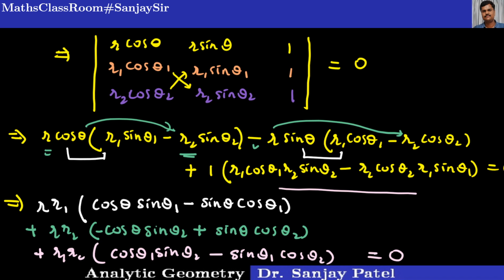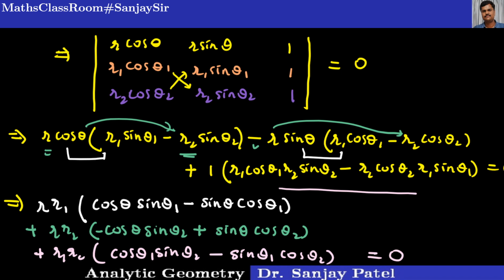Now you will immediately understand what this first bracket is, by the formula. Let me write this way. So this first bracket, cos theta, you know the formula for sine alpha minus beta is sine alpha cos beta minus cos alpha sine beta.